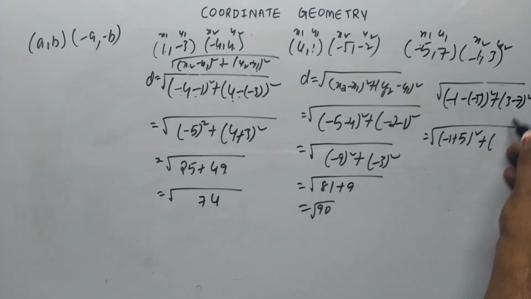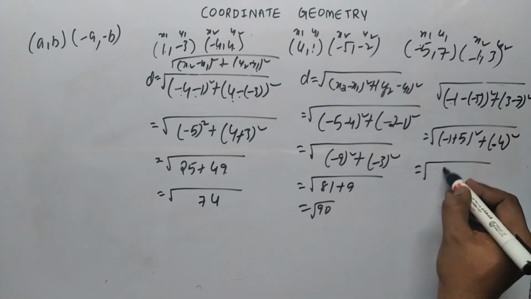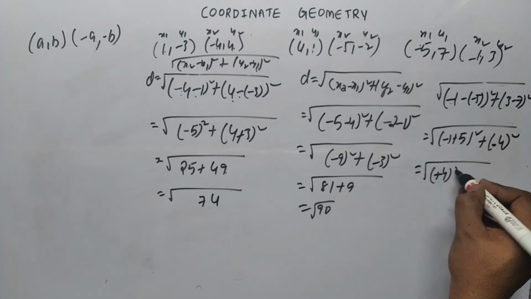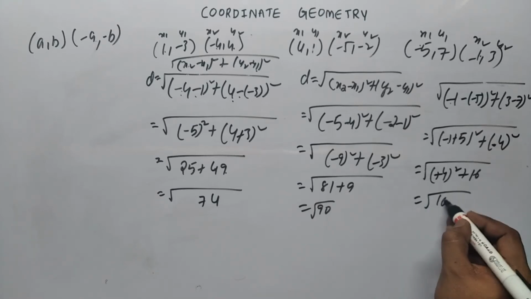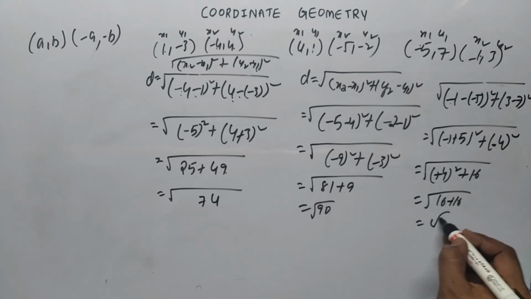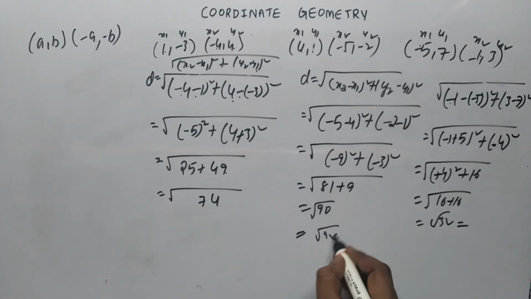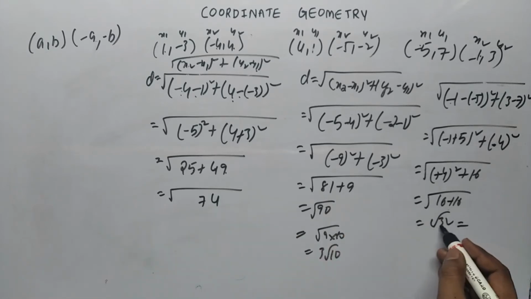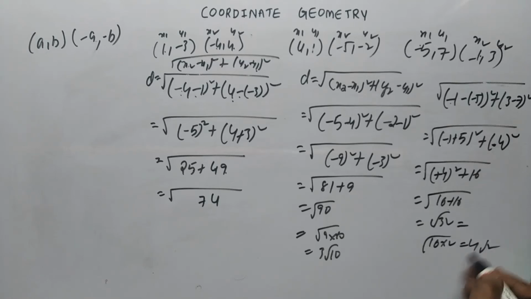So 7 minus 3 is 4, bigger number has minus sign, so minus. See, 5 minus 1 is 4, bigger number has plus sign, so plus. So minus 4 whole square is 16, this is also 16. 16 plus 16 will become root 32. So you can simplify it. Root 90 can be written as 9 into 10, so 3 root 10. This can also be written as 16 into 2, so this can be written as 4 root 2.